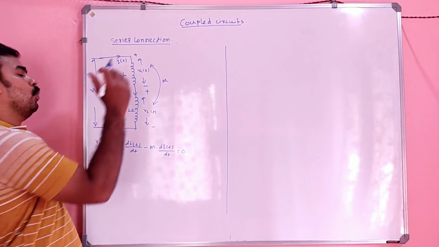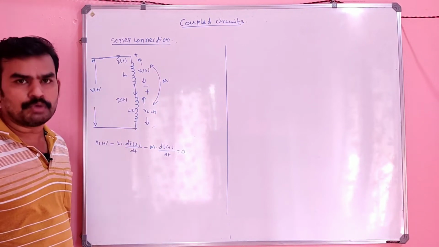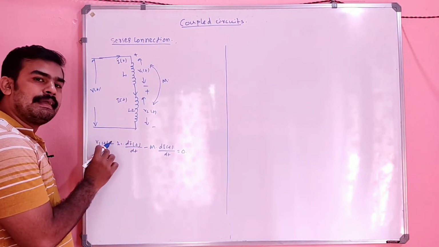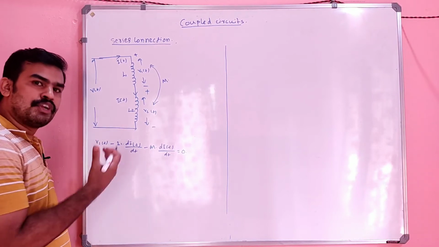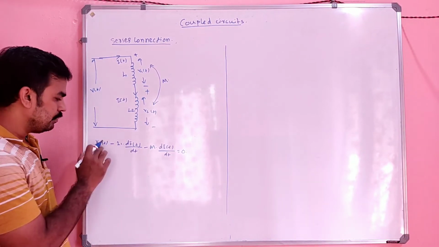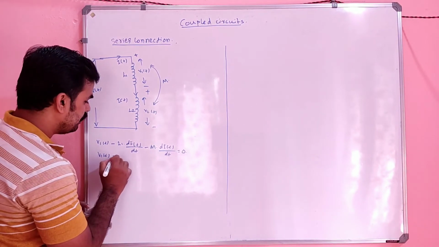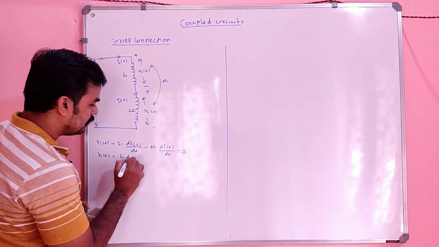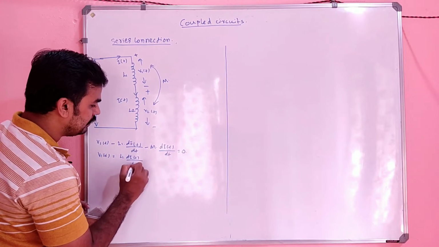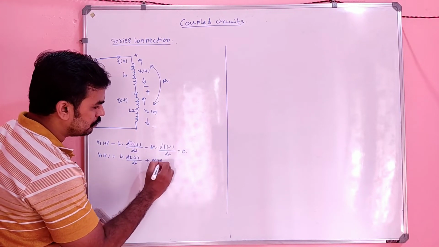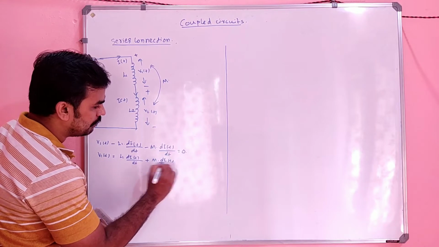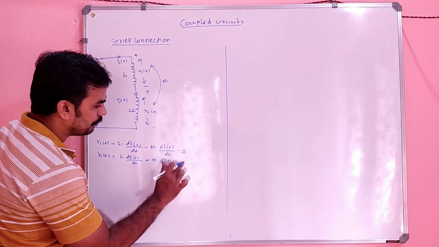What are the components of V1 of t? From this equation you can write V1 of t will be equal to L1 di of t divided by dt plus M into di of t divided by dt.